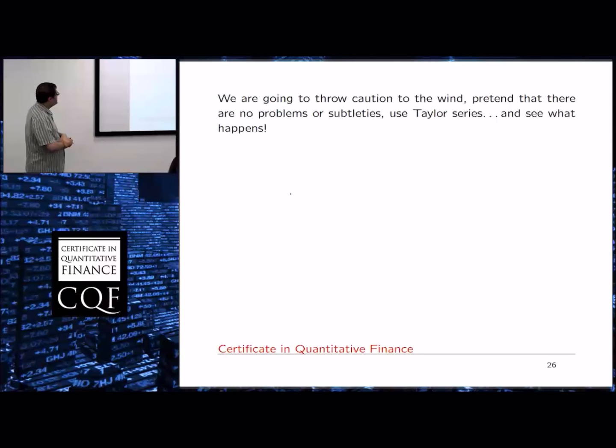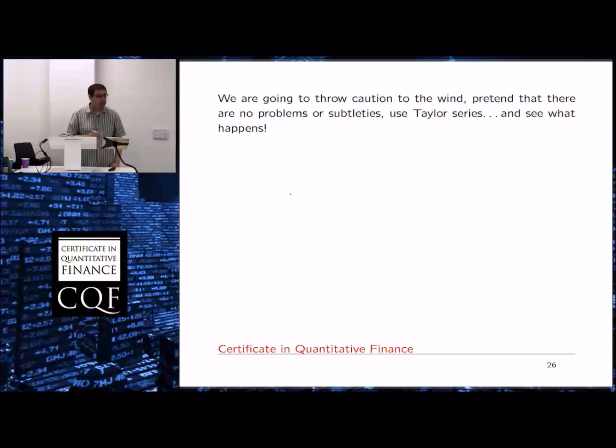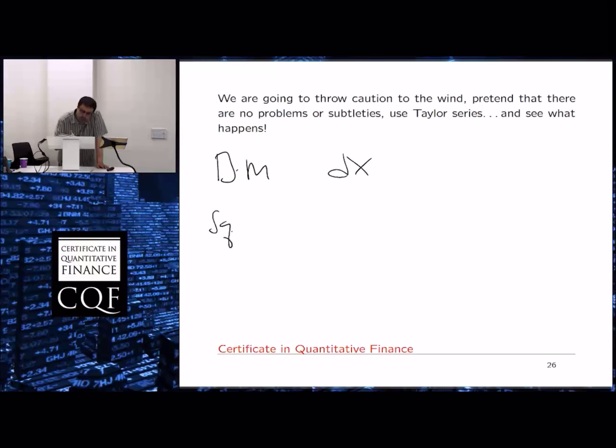One of the properties of Brownian motion is that as the time steps become smaller and smaller, so suppose we have Brownian motion is dx. If we now square it, so square dx, which we're going to write down as dx squared like that.